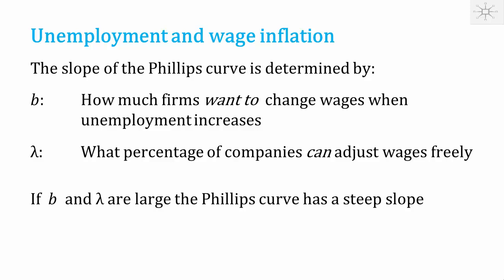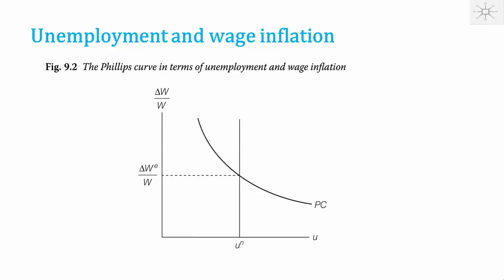So if b is high, it says that unemployment has a big negative effect on the desired wage increase. And lambda is the fraction of companies that can adjust wages freely. So the more firms want to respond to unemployment and the more firms that have flexible wages, the steeper is the Phillips curve.